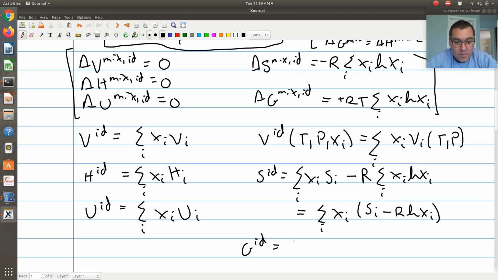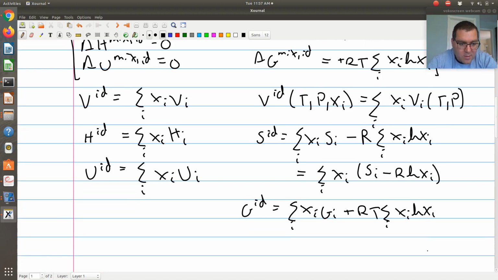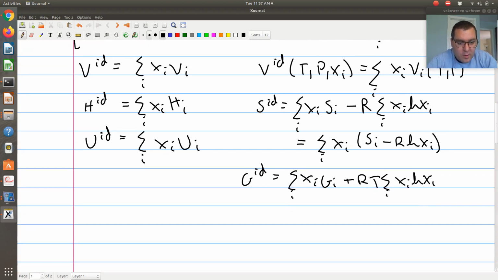G ideal would be the sum over i of x_i g_i plus RT times the sum over i of x_i log x_i. Remember, I'm mixing at constant temperature and pressure. And if I want to group terms just like entropy, I can write this as the sum over i of x_i times (g_i plus RT log x_i).